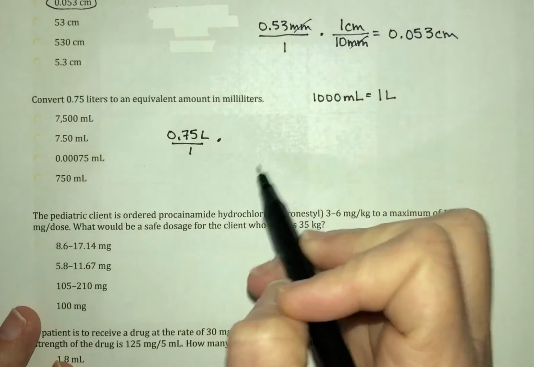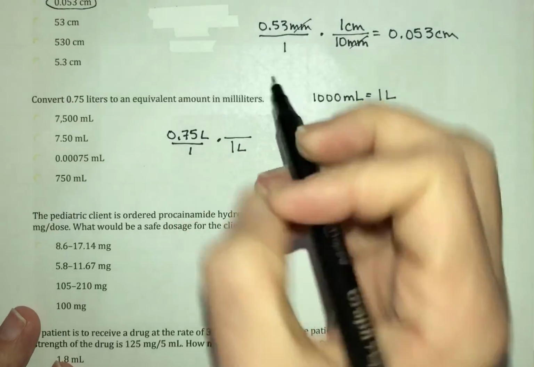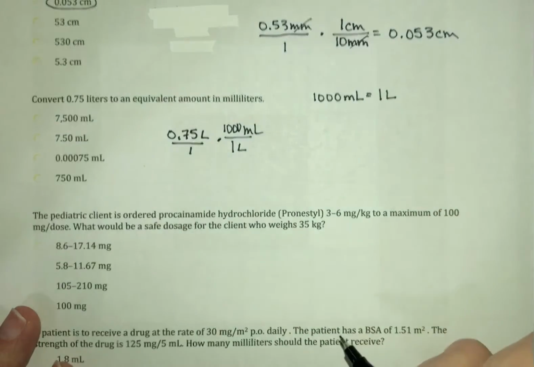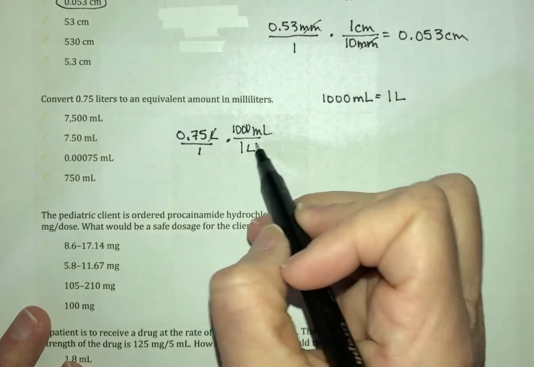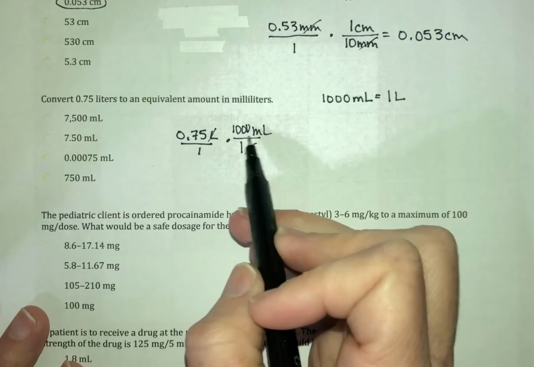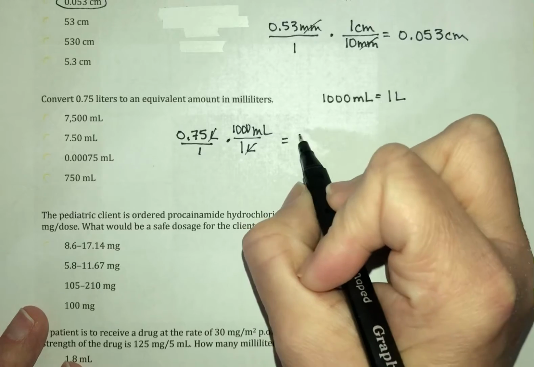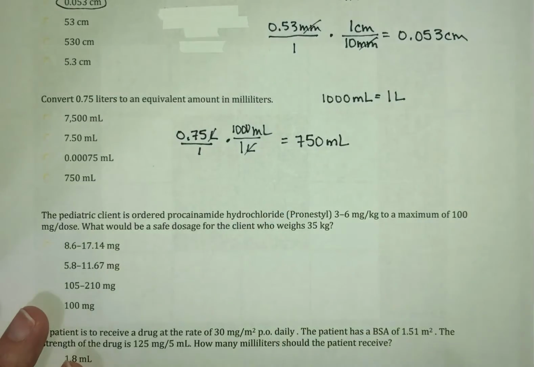Remember, we want to cancel out, so I'm going to put 1 liter in the bottom and 1,000 milliliters in the top. Okay, now your liters cancel out. You end up doing a simple multiplication here, 0.75 times 1,000, and that gives you 750 milliliters.